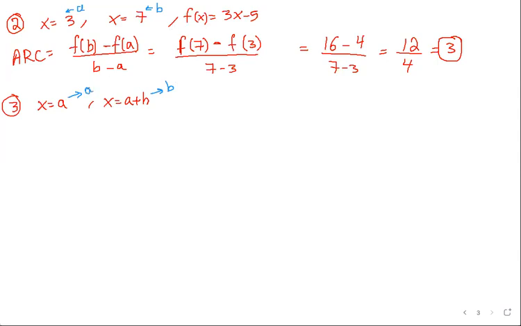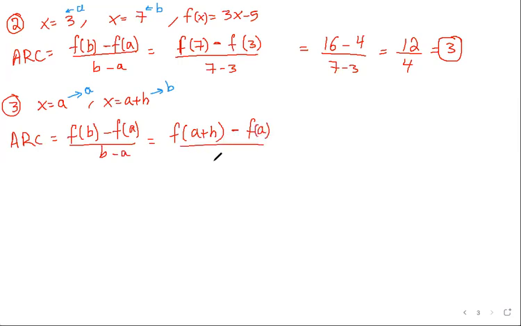Yep. Okay. So now, average rate of change, he said, is f of b minus f of a over b minus a. What do you get for f of b? So f of b is 3 parentheses a plus h, minus 5. Okay, nice. So like 3, you plug this inside this.